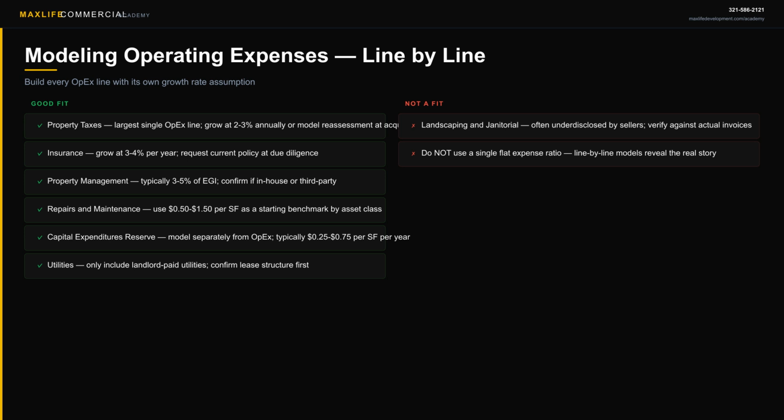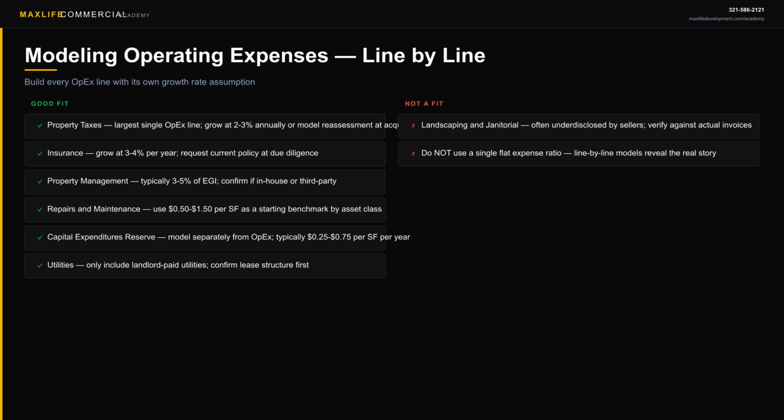In Florida, when a property sells, the county often reassesses it at or near the sale price. If the seller has owned the property for a decade, their tax bill may be far below what you will actually pay after closing. Pull the county property appraiser data and model taxes based on the new assessed value, not the trailing actuals.